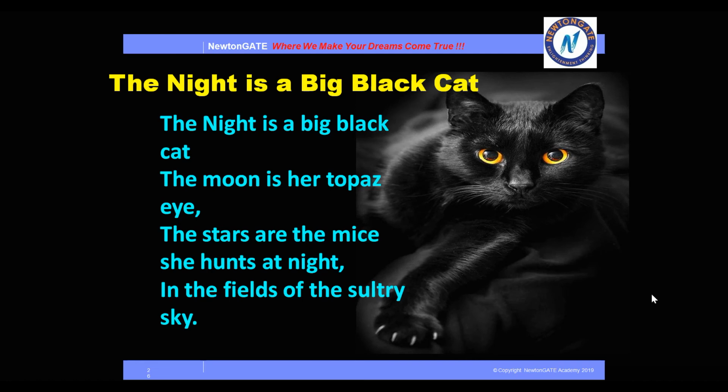Because here we are simply stating that one thing is another thing, like the night is a big black cat. So we are stating that the night is a big black cat, the moon is her topaz eye, and the stars are the mice. So this is an example of a metaphor, and also you must remember that there is an absence of the keywords like or as of the simile. So this makes it an example of a metaphor.